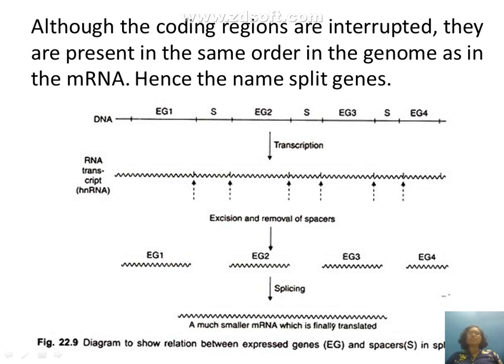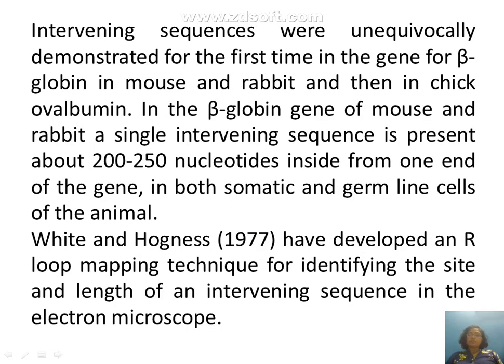Why is it so? It is so because these intron regions are not coded and therefore are not included in the messenger RNA. So, these are called split genes, because the gene is being split at the region of non-coding or intervening sequences.